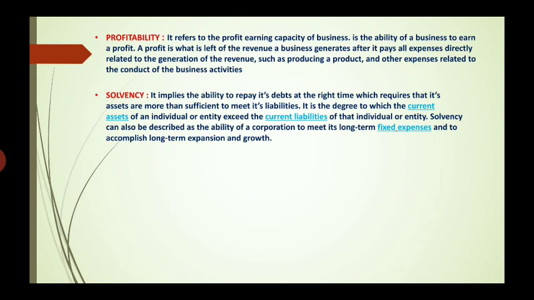It is the degree to which the current assets of an individual or entity exceed the current liabilities of that individual or entity. Solvency can also be described as the ability of a corporation to meet its long-term fixed expenses and to accomplish long-term expansion and growth.